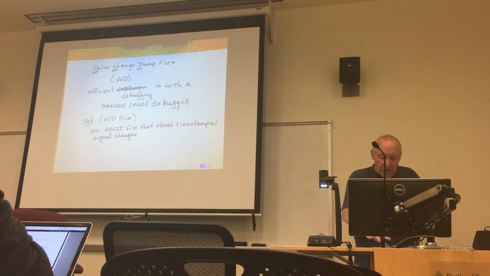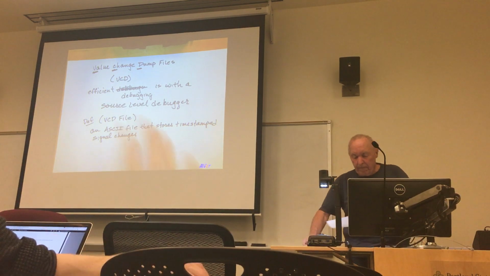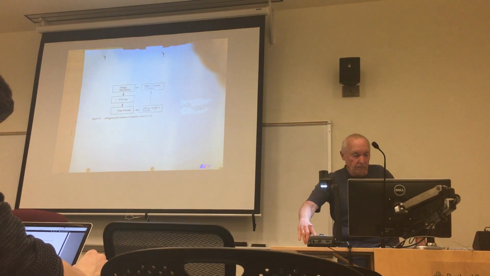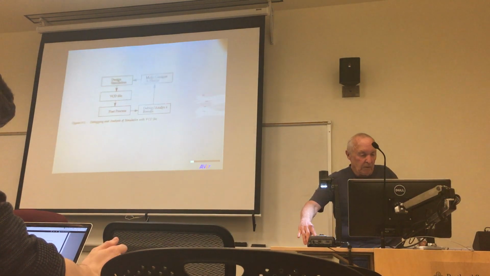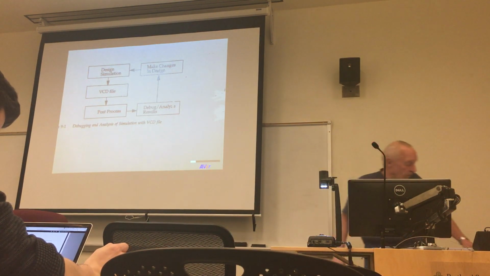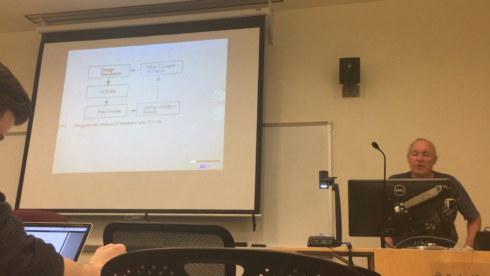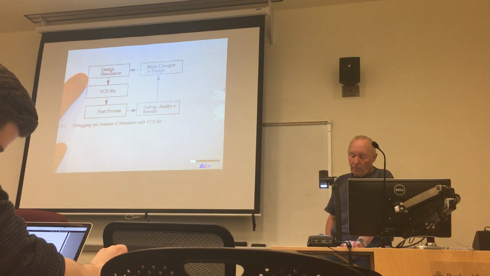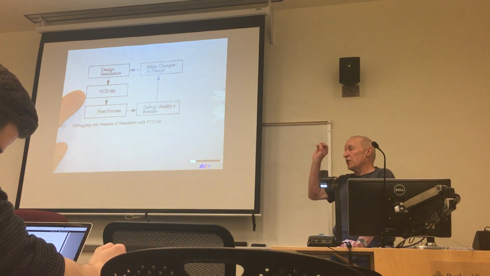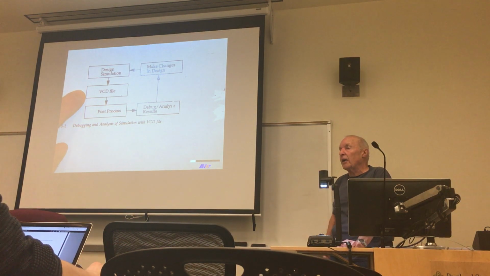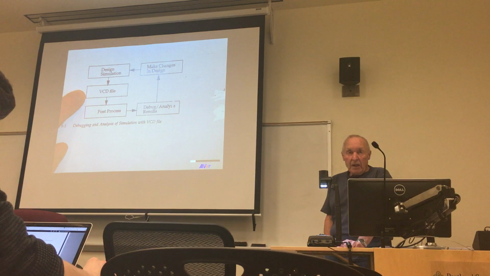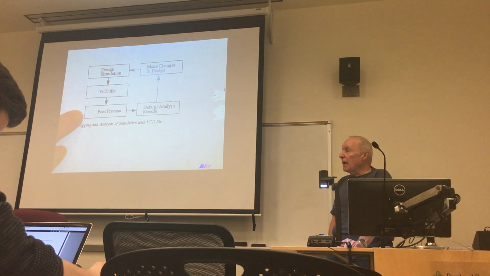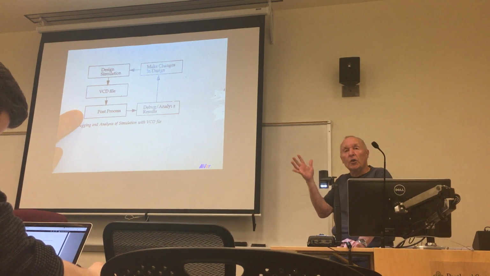So when it comes to actually doing the debugging and analysis, this is what takes place. You do your design simulation, and by putting some system tasks in there, which we'll take a look at shortly, it will generate the value change dump file for you. And then design automation tools can look at that.